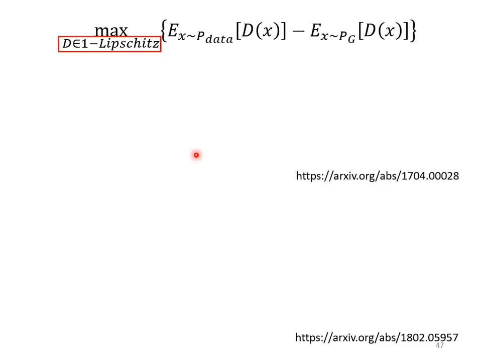Okay, the next problem is how to achieve this restriction. How to ensure that the discriminator will meet the criteria of a one Lipschitz function? When GAN was first proposed, there were actually no good ideas. They could only write out this equation, but solving it was a little difficult.